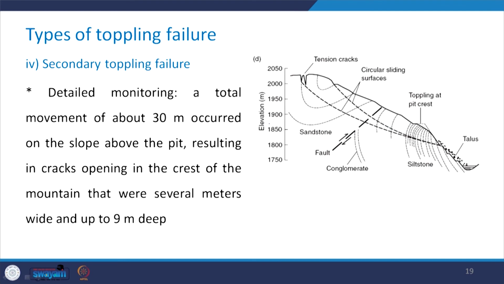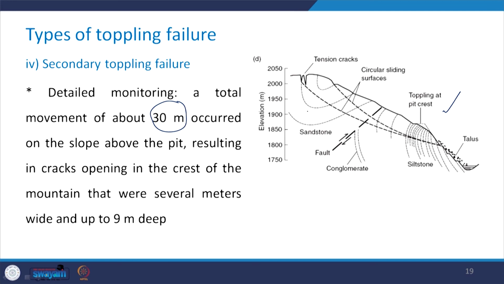The detailed monitoring of this slope was carried out at the site, and a total movement of about 30 meters occurred on the slope above the pit.